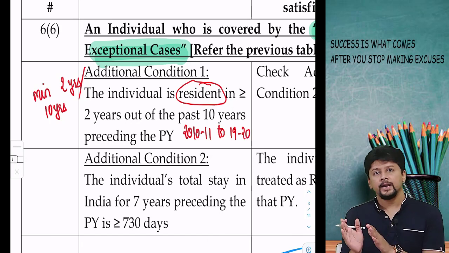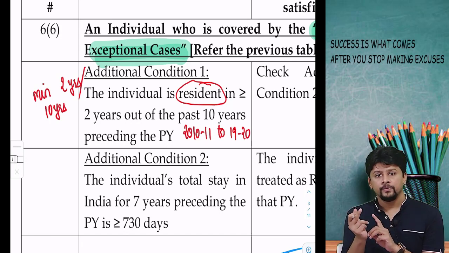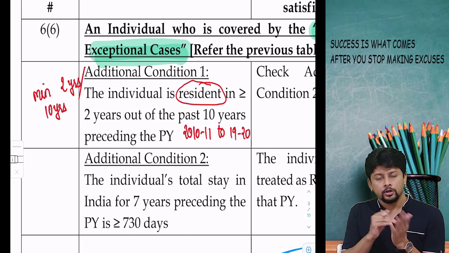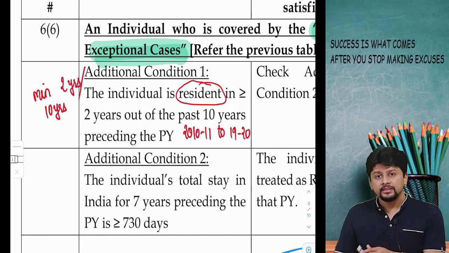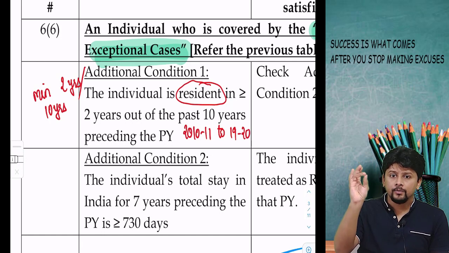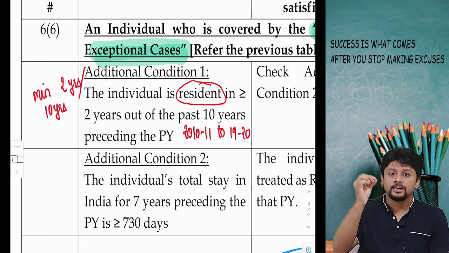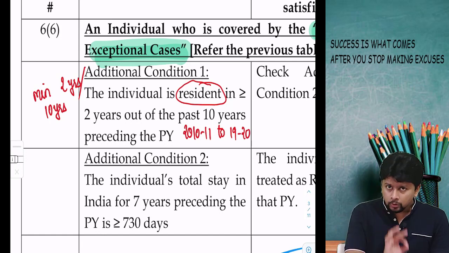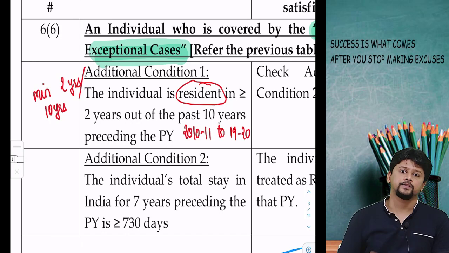For every financial year, we will have to check whether this person is a resident or a non-resident, and if he is a resident, then we count for how many years out of the last 10 years he is a resident. If that is 2 years or more, additional condition number 1 is satisfied.